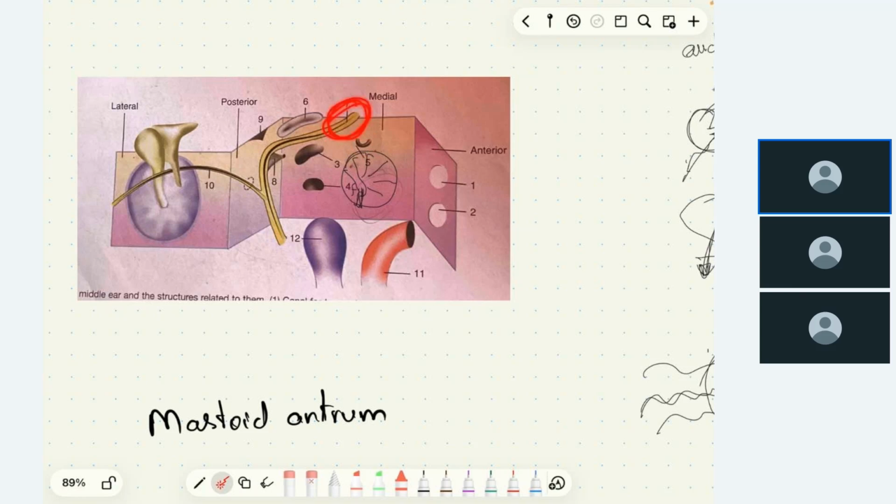Medial to the pyramid is a deep recess called the sinus tympani. Lateral to the pyramid, we have the facial recess.